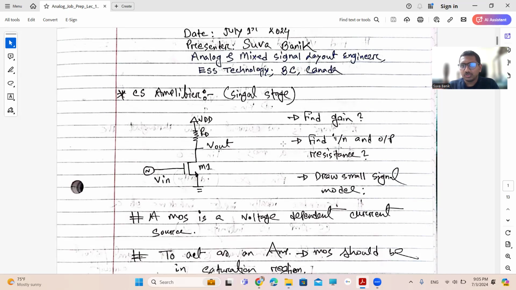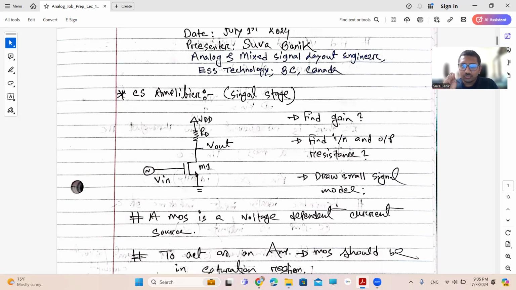It may be a common source amplifier, common gate, common drain, or maybe an operational amplifier. Most of the time, you may be asked in a written exam or interview to draw a small signal model or find the input and output resistance of several types of circuits.